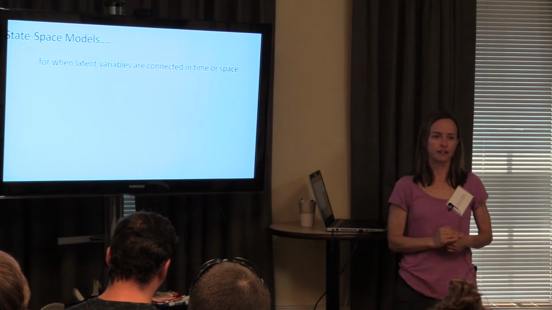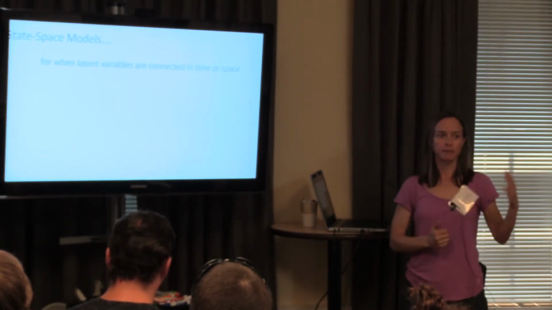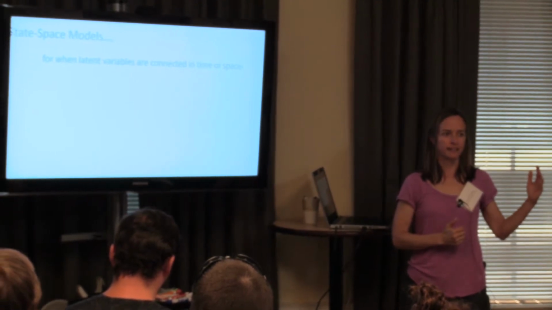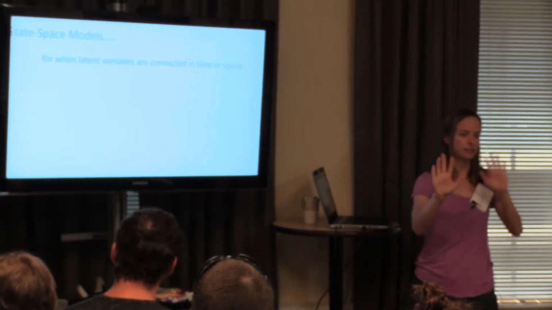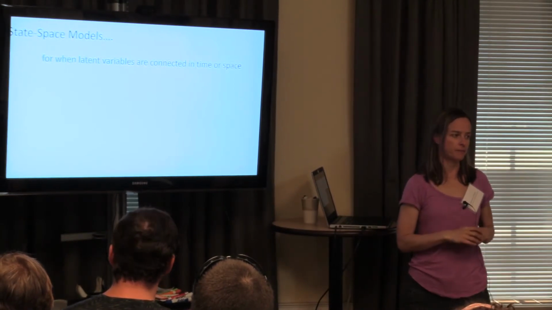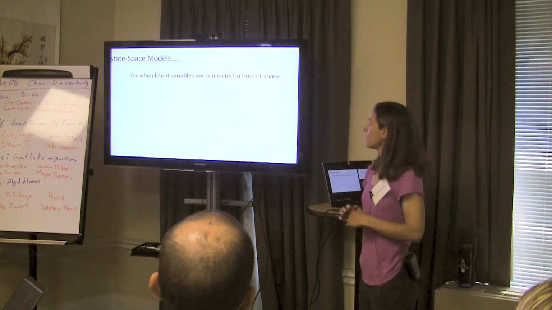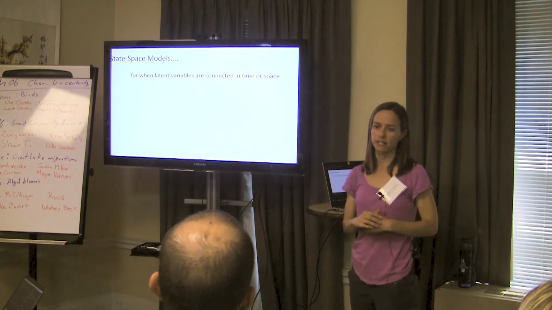When you have a bunch of latent variables, so again, you're measuring something like NPP, and yet you're really measuring something else, but you're interpreting it as NPP, and you have them connected in time, so you want to know how that ecosystem measure changes over time, then you start to get into the realm of state space models, right?